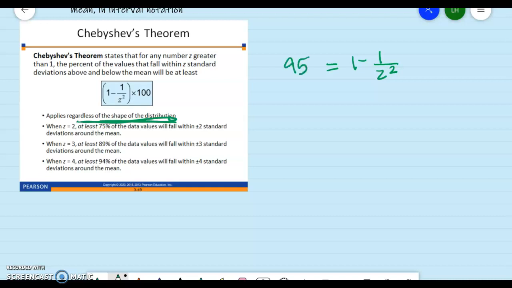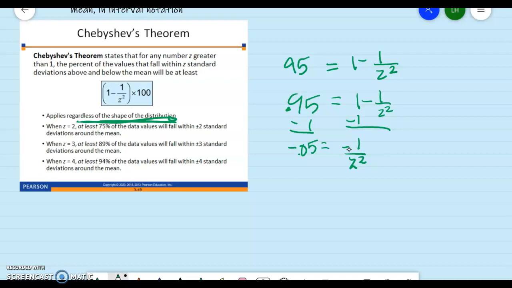So we're going to do 1 minus 1 over z squared equals 0.95. And then what we need to do is solve for z squared, or get z. So we need to subtract 1. So that would be -0.05, and that would leave us with -1 over z squared.